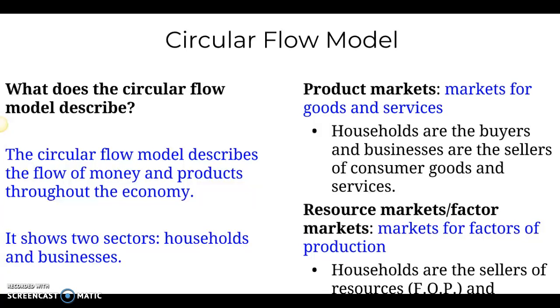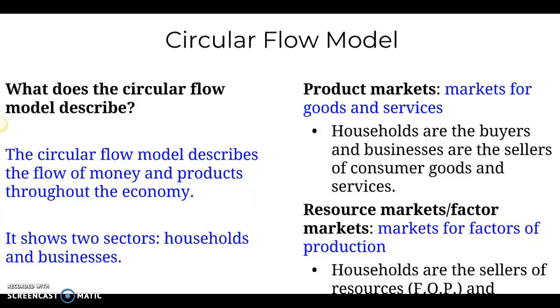In capitalism, households, individuals, are the ones who own all the factors of production, and we, individuals, are the ones who answer all 3 economic questions. We sell our factors of production to the businesses, which now are the buyers. So, for example, we sell our labor to businesses. In return, our income would be the wage. So the businesses would buy our labor and give us a wage.